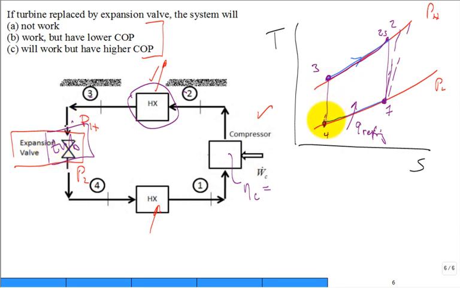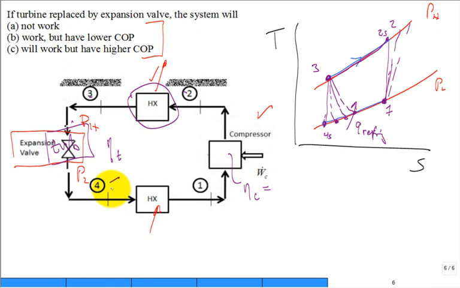Where is state 4 actual compared to 4S if I have some irreversibilities in the turbine? Isn't it kicked over like that? So state 4 may be here, here, here. As you can see, the lower the isentropic efficiency of that turbine, the temperature at 4 is going up, up, up, and you get less of a potential refrigeration effect.